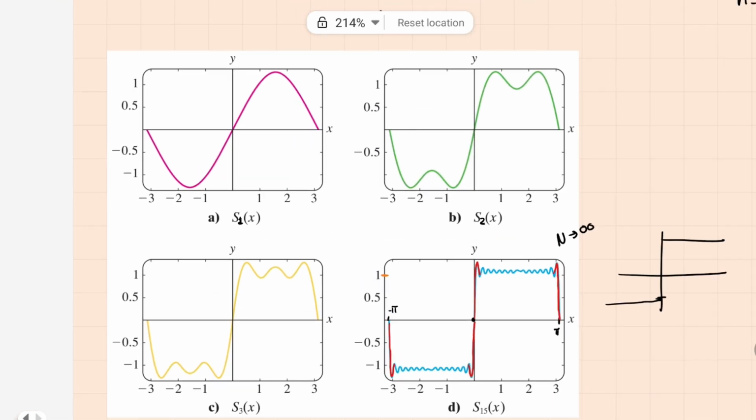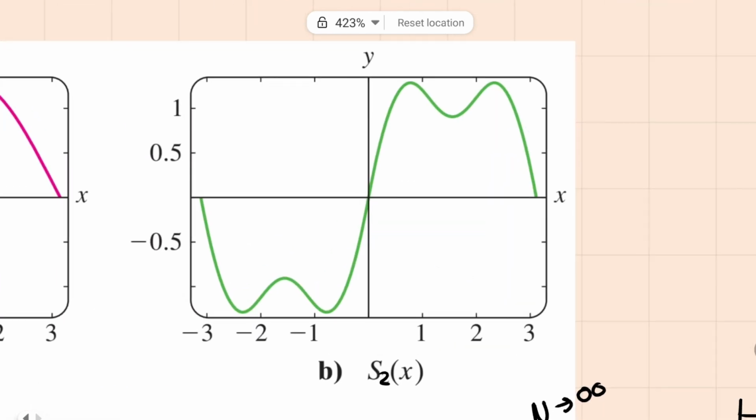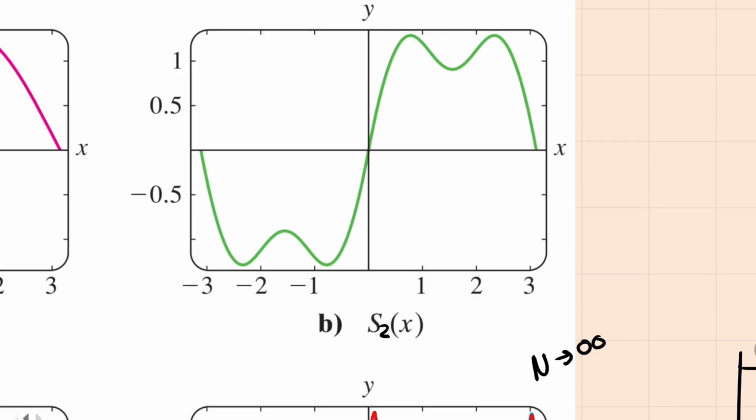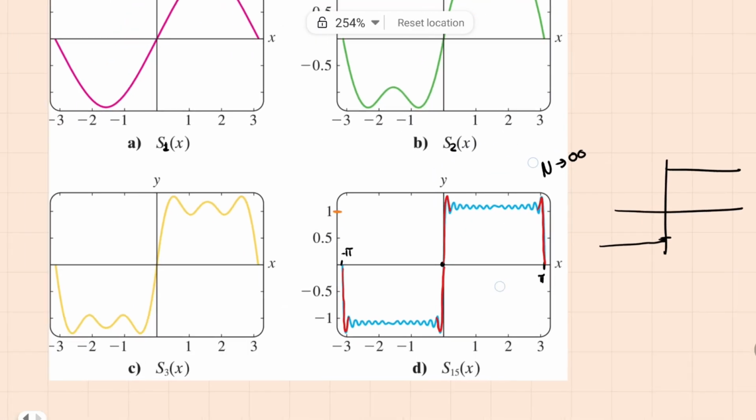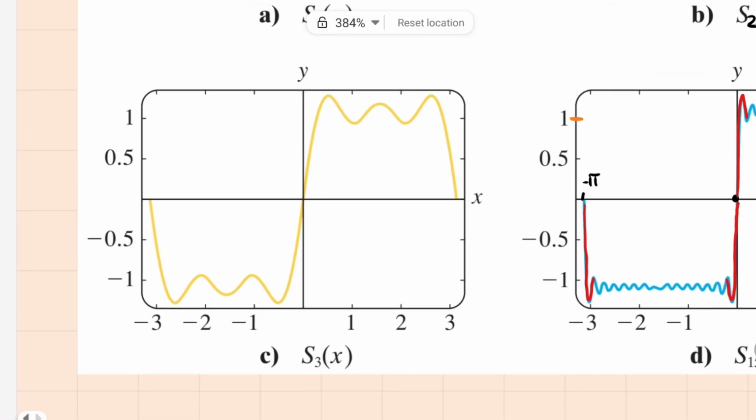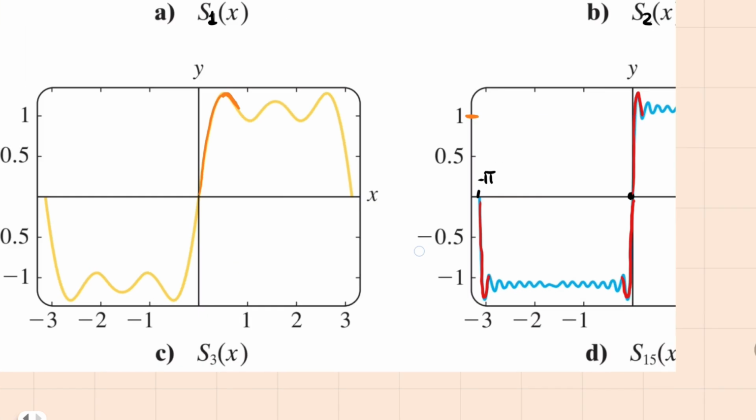If you see the other graphs, when n is equal to 2, the Gibbs phenomenon doesn't appear at all, actually. For example, where n is up to 3, maybe we start noticing a little bit of the effect of the Gibbs phenomenon, but not that much.